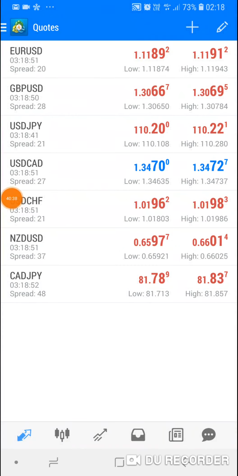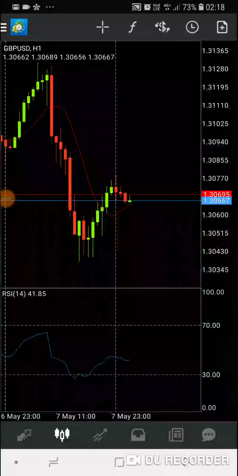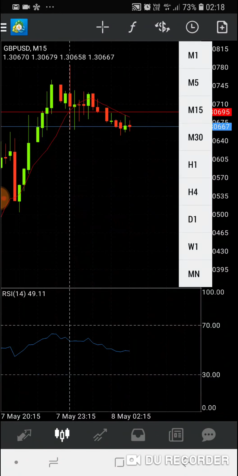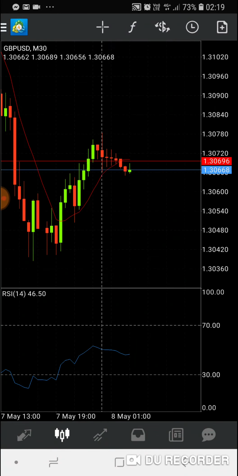Now, you open GBP/USD and switch your time frame to M30. That's the first thing which you need to do before the event.